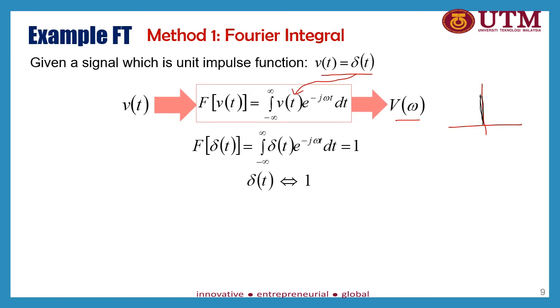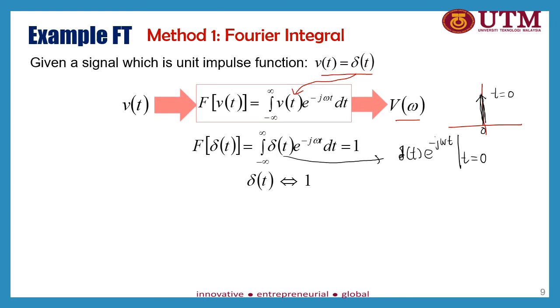Okay, when you have a signal, a pulse at t equal to 0, the signal only appears at t equal to 0, meaning that the integration is performed only at t equal to 0, e to the negative j omega t, when t is exactly 0.